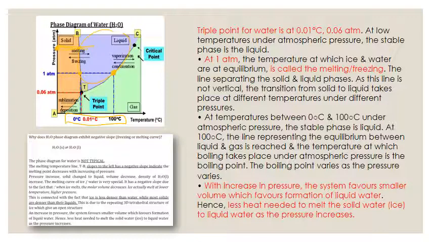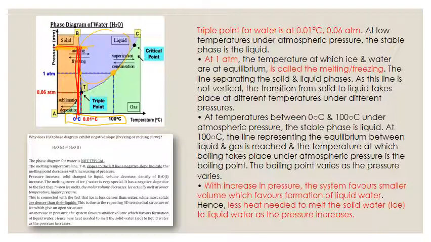As you can see here, our liquid region becomes larger as the pressure gets higher. Hence less heat is needed to melt the solid water. So if we look here, say this is a higher pressure, the temperature is here. For example, this pressure here, the temperature is here.